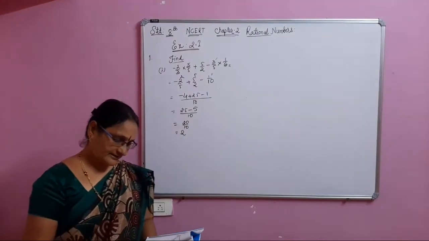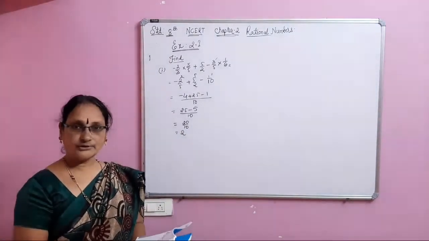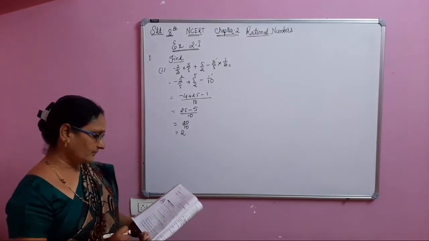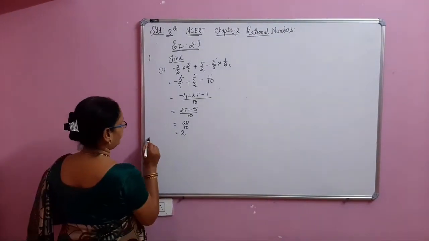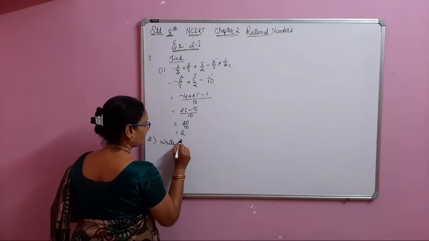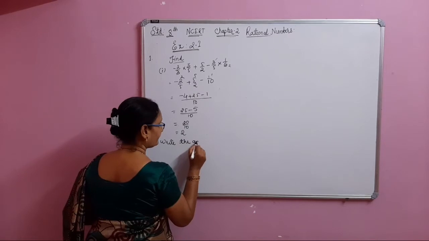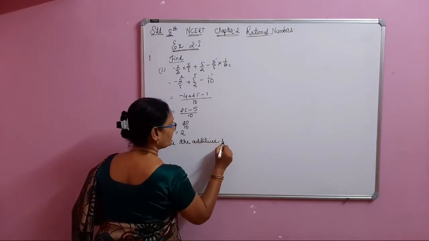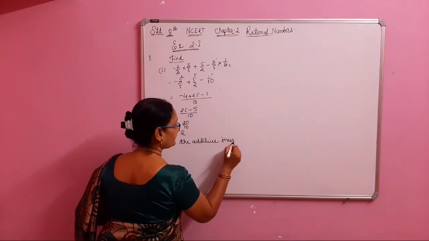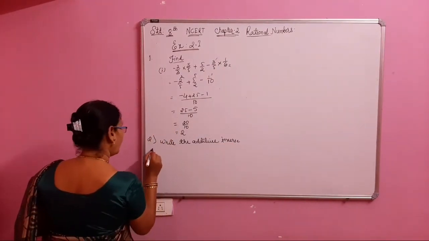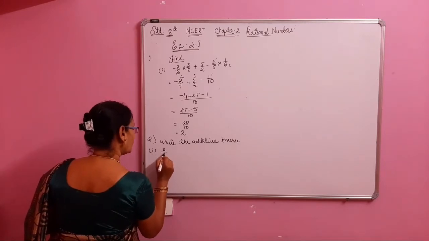The same way, you can do the second one. Next, write the additive inverse of the following. What is that? The first one is 2 by 8.